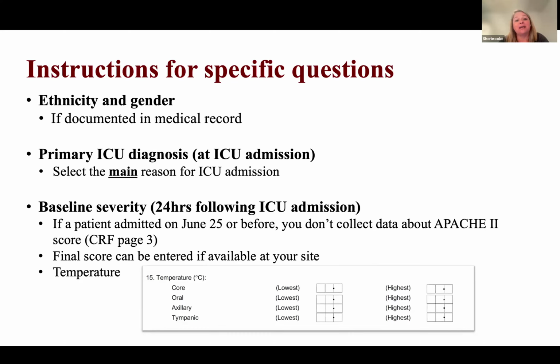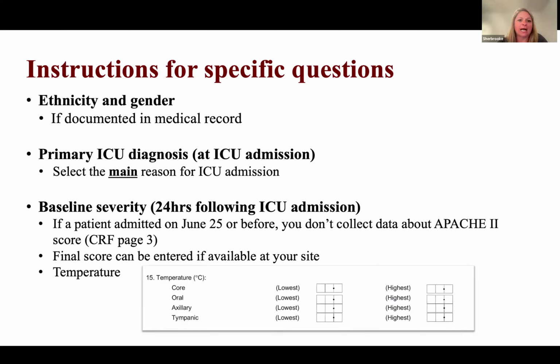Gender, it depends on the patient. Again, it's really not often that it's documented in the patient chart. If it is documented, then you answer the question. If it's not documented, you will answer that it's not documented, and that's fine.